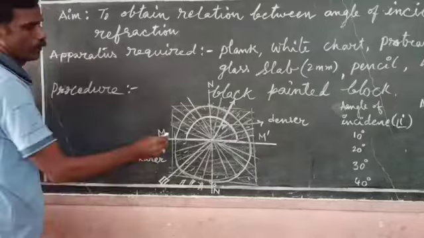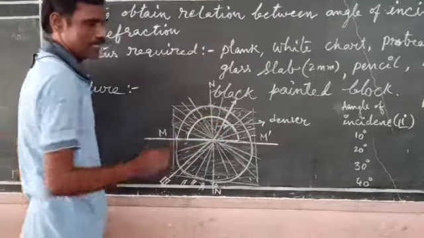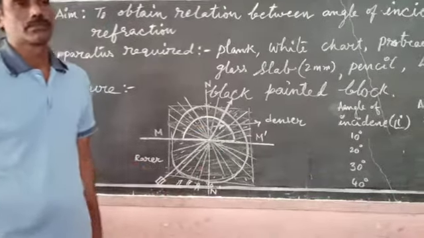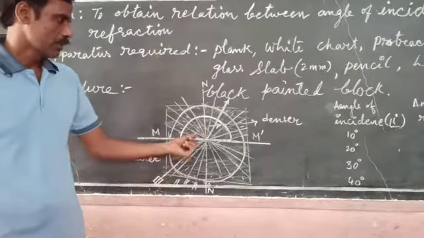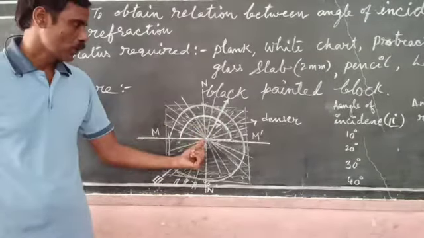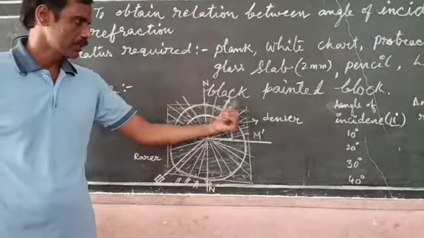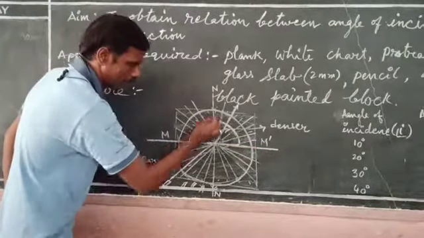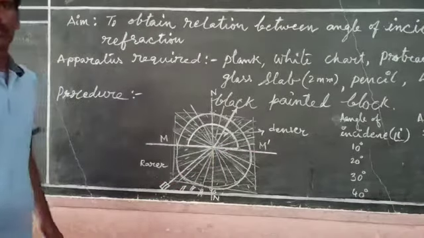Now place a semicircular glass slab on this circular ring such that the center of the semicircle coincides with the center of the circle, that is the point of intersection of the lines MM and NN.